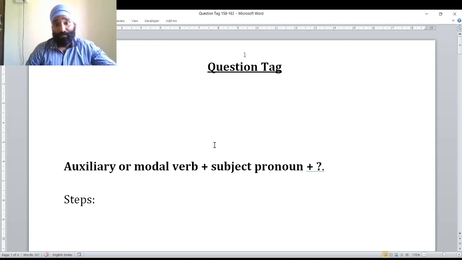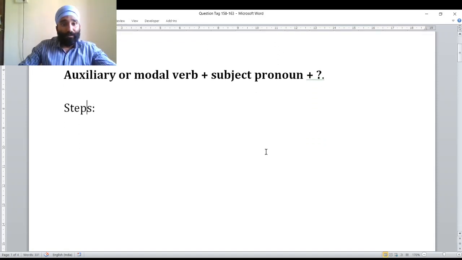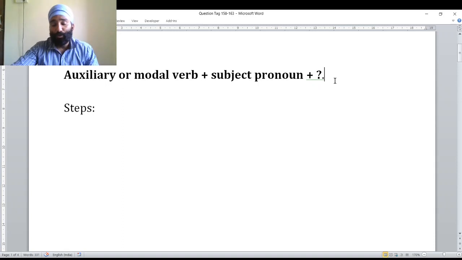Let us see how to use question tag in a sentence. On the screen you can see there is a structure: auxiliary or modal verb plus subject pronoun plus question mark. Auxiliary or modal verb we use depending upon the sentence.